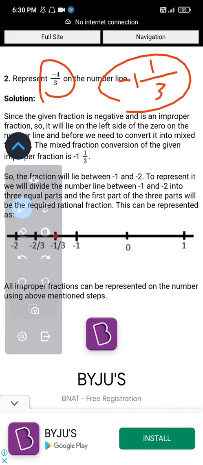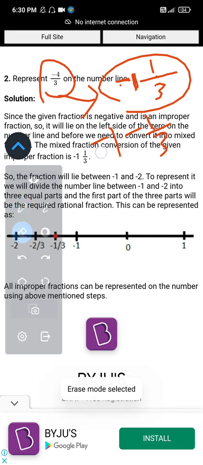Now what it says is that this number has minus 1 whole and some more minus is there. In a mixed number, if the whole is minus, then the fraction also is minus.